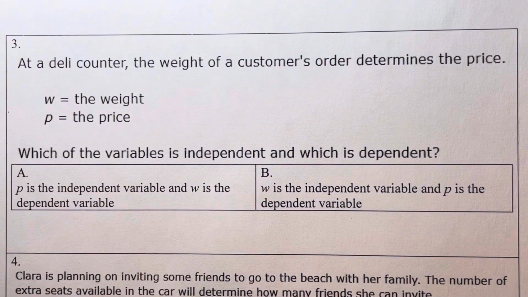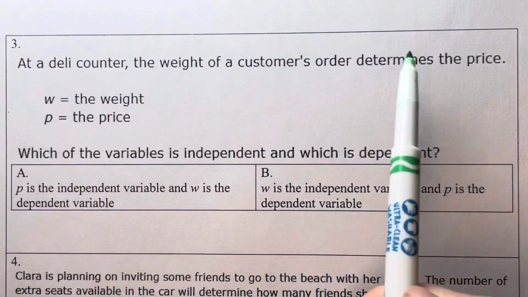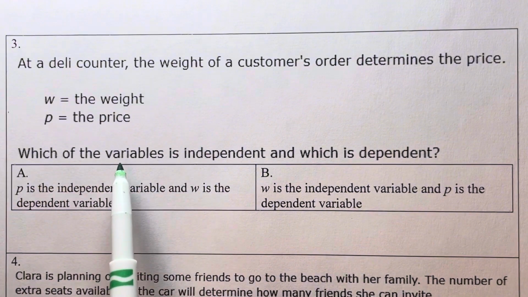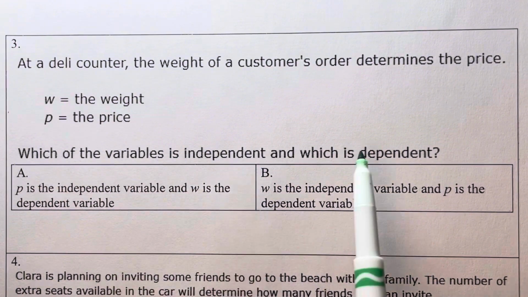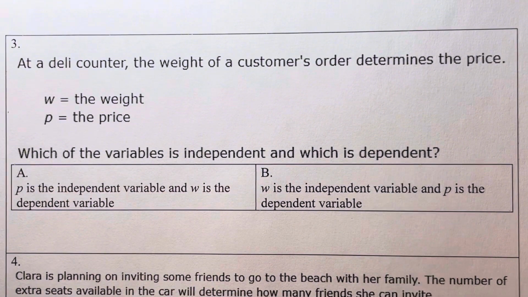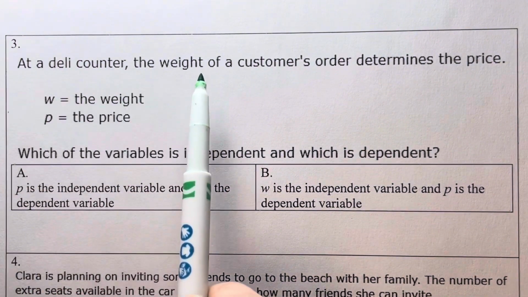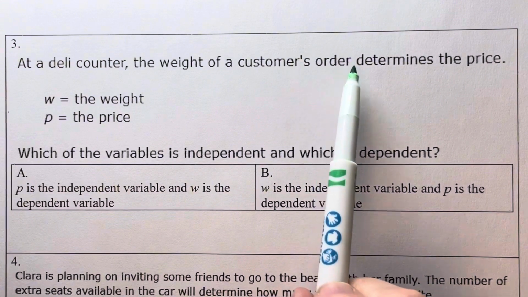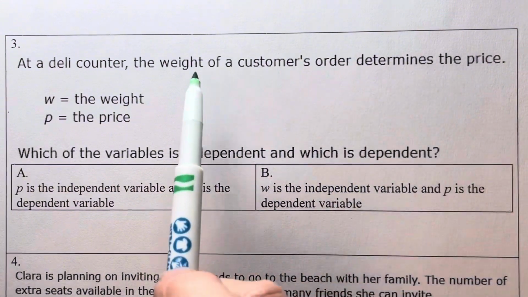In our third example, we are looking at this real-world situation to determine which of the variables is independent and which is dependent. At a deli counter, the weight of a customer's order determines the price. Oh yeah.